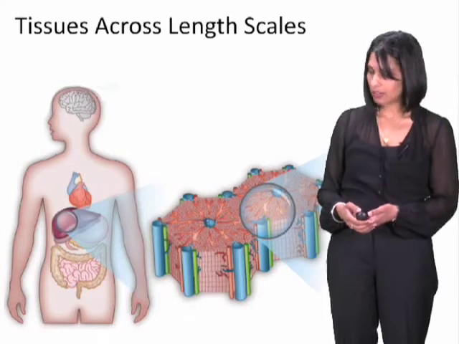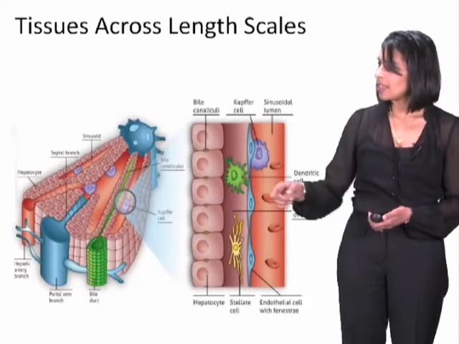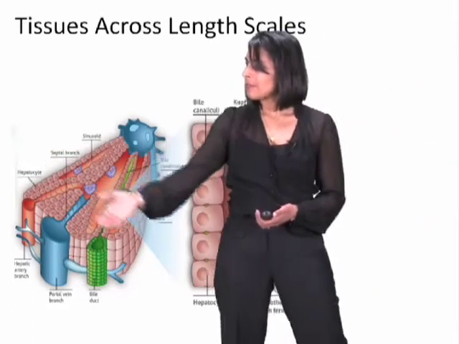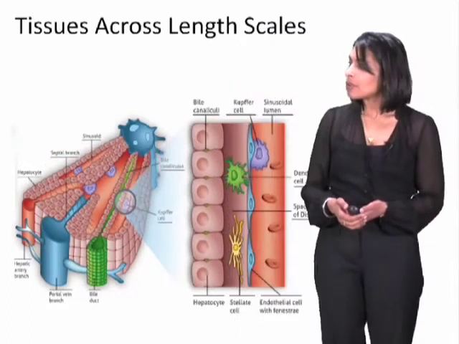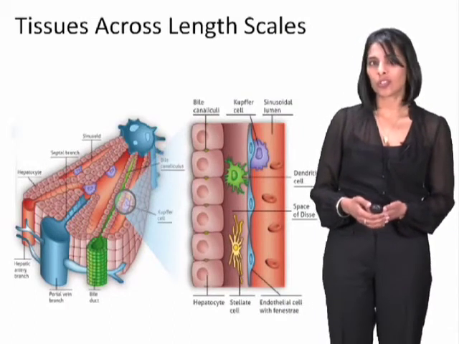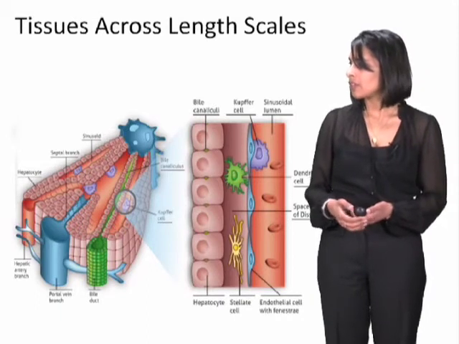If one zooms in on these further, one can see that within this acinar unit are hepatic cords. And these hepatic cords are rows of hepatocytes, liver cells, that are organized in a way to process the blood efficiently as it's flowing through the liver.